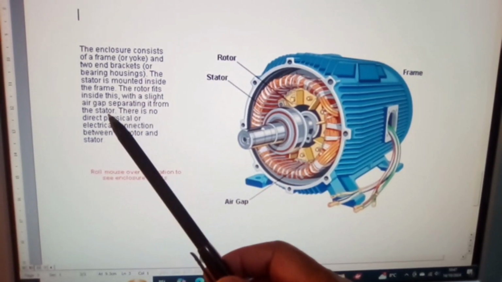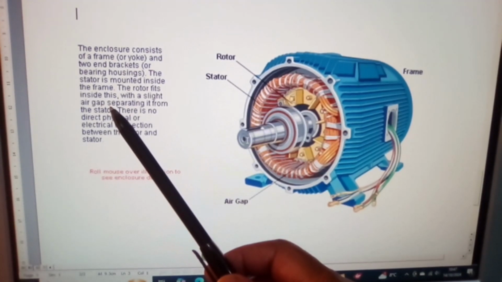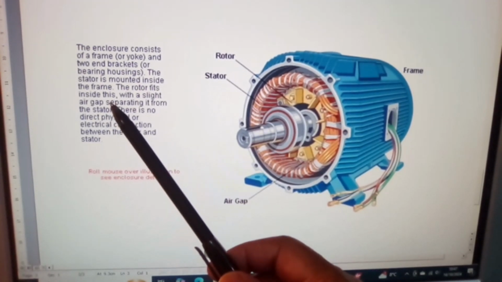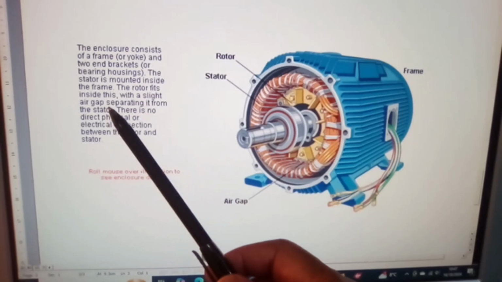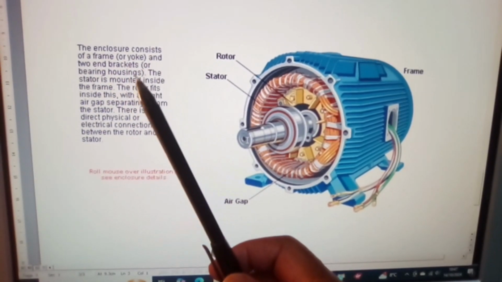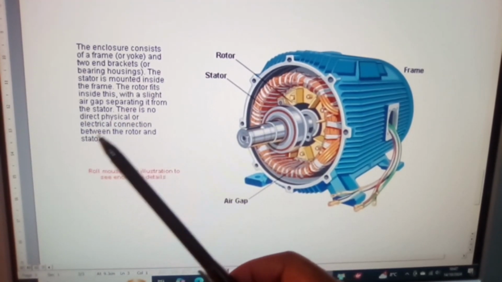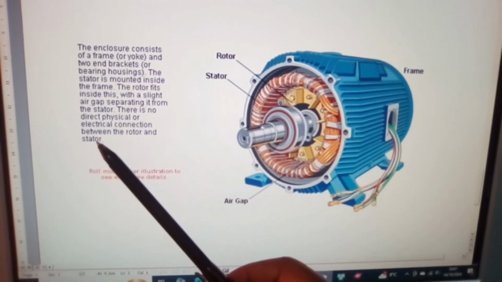Now if the air gap did not exist, it means that they would both be touching, therefore the motor will not run. You simply burn out a motor, and that is no use to you whatsoever. So the air gap plays a very important part. There is no direct physical or electrical connection between the rotor and stator.